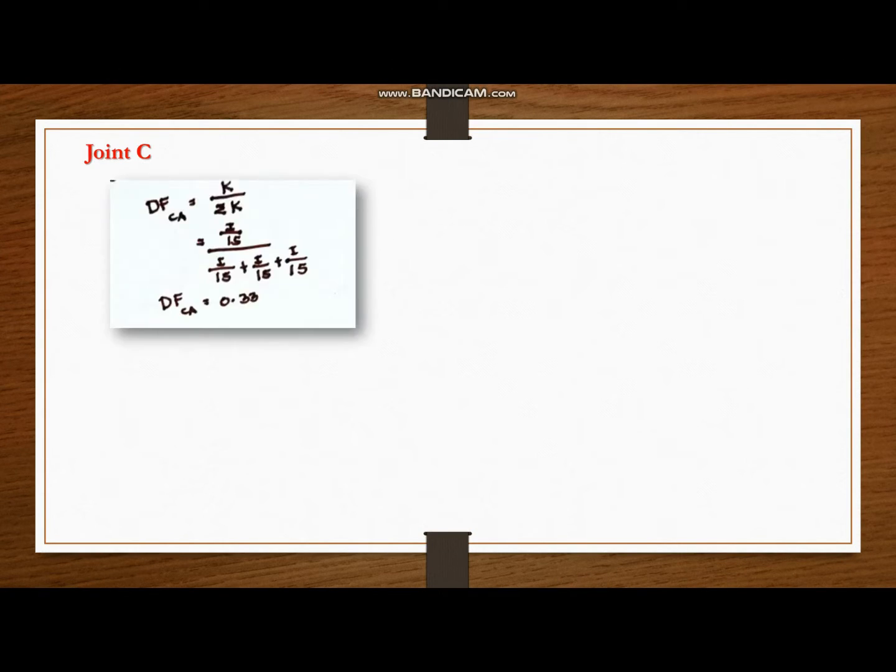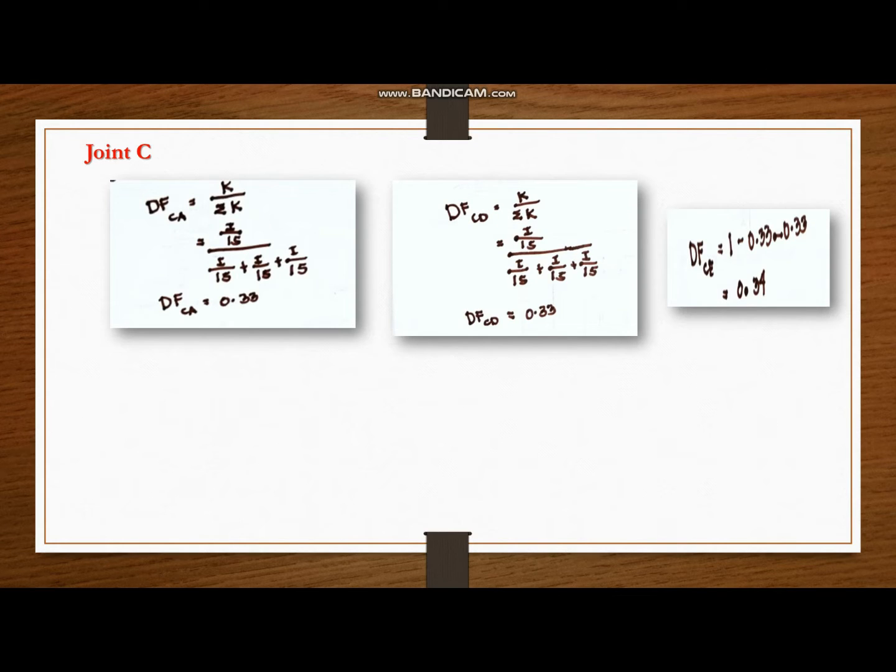Our joint C has three members, which are CA, CD, and CE. Distribution factor CA is equal to stiffness over summation of stiffness.